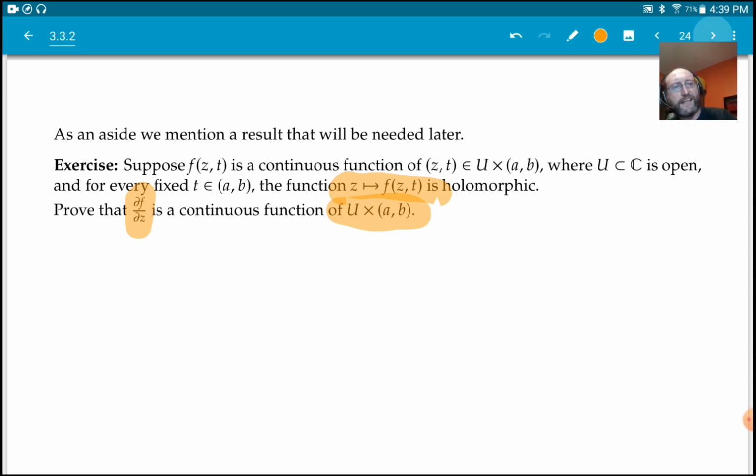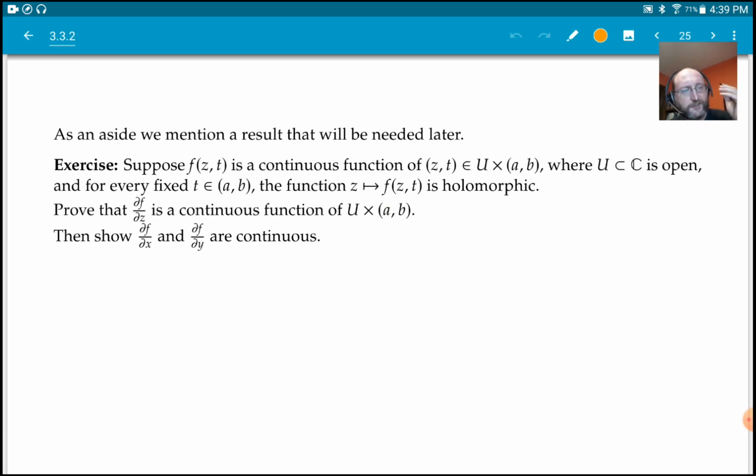And from that, prove that the x derivative and the y derivative are also continuous, which is not quite immediate from this being continuous, but if that is continuous and f is holomorphic in z, that's going to follow. So the x and y derivatives are actually continuous functions of z and t.